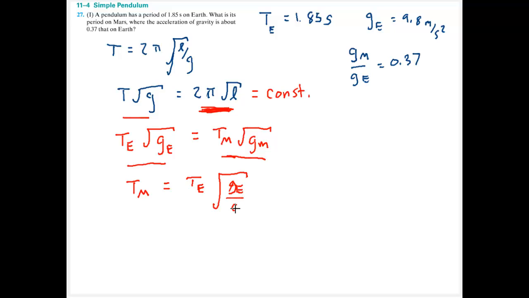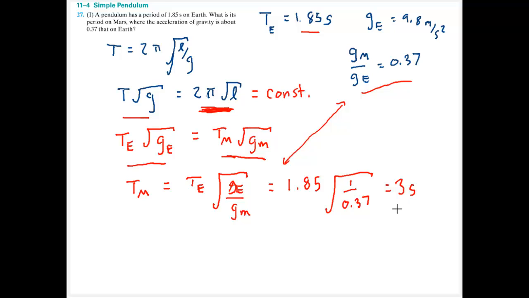divided by the gravity on Mars. I know the inverse of that ratio, and I know the period on Earth is 1.85 seconds, so I can simply say 1.85 seconds multiplied by 1 divided by 0.37, and I'm going to come up with 3 seconds.